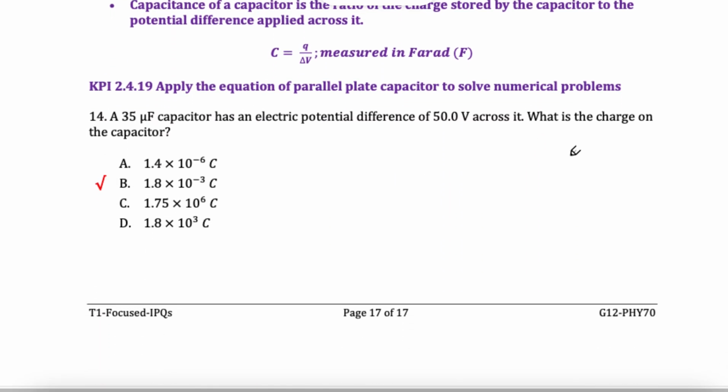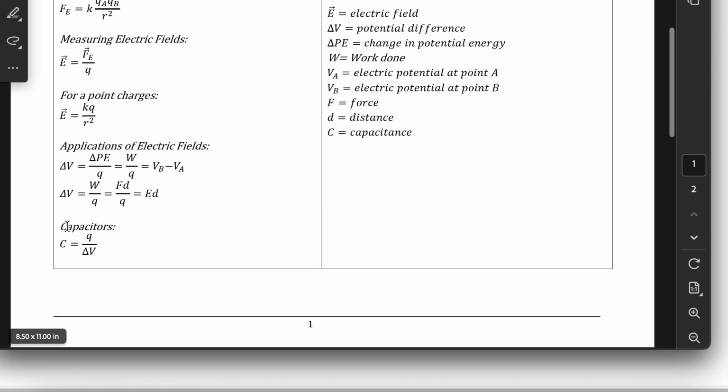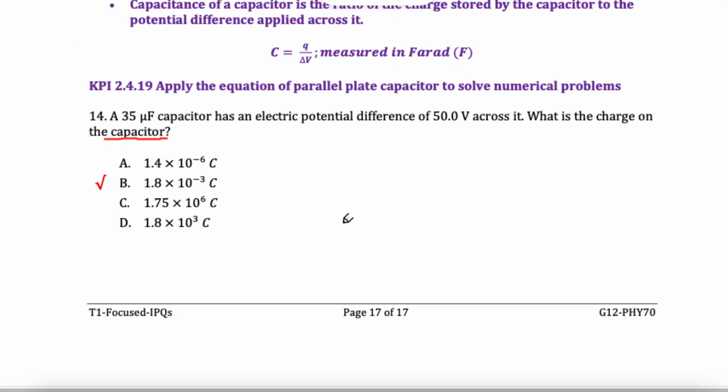Final question here: you will most likely get one question on capacitance, and it looks something like this. You have a little capacitor, you have a potential difference here, and you need to find the charge in this case. There's one formula for capacitance, and it's not going to be hard for you to figure out that the formula you're going to use is this one. Rearrange it: Q equals CV, nice and easy. Microfarads.